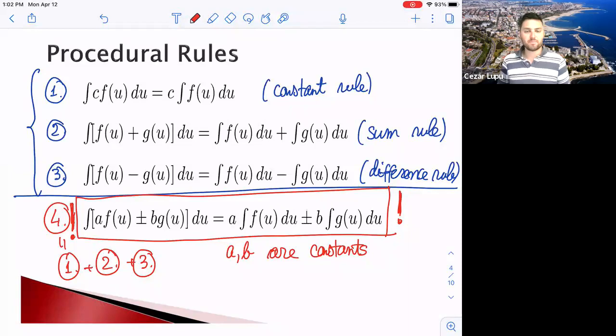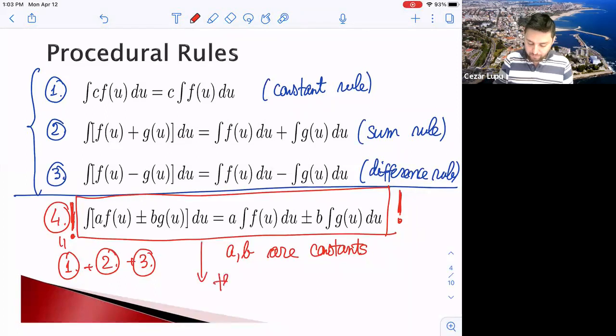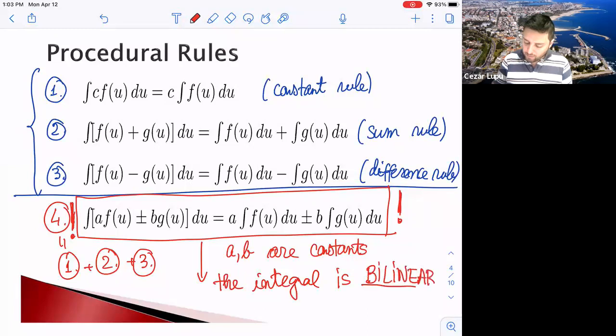So all three of them combined in one is the fourth one. That's what you need to know. The integral is bilinear. That's the word.